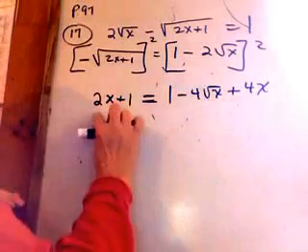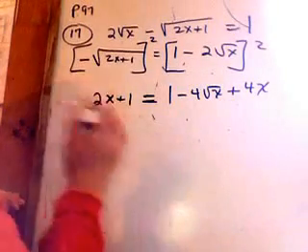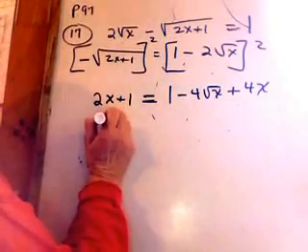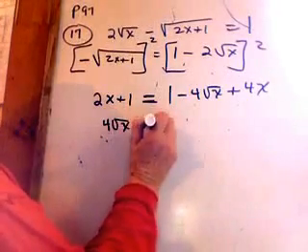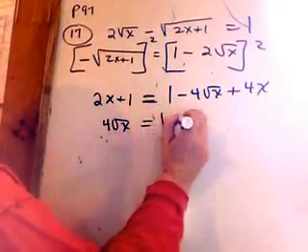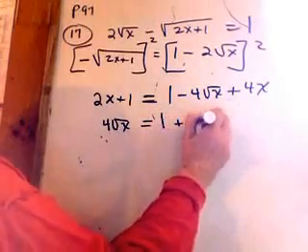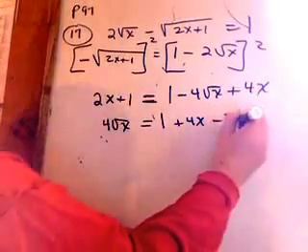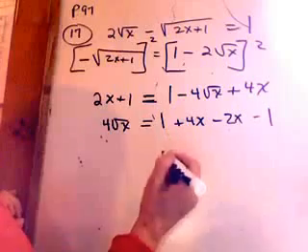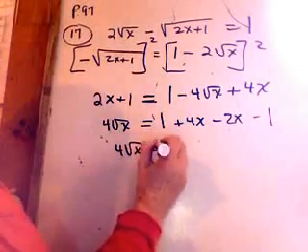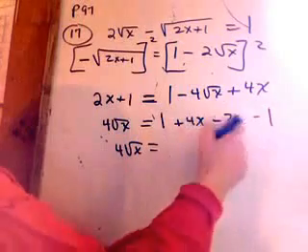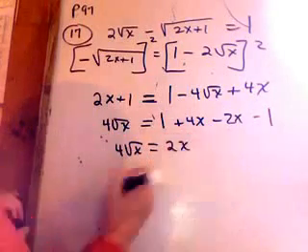Oh, you know what? Maybe I'm going to put the radical over here, because that will make it positive and makes it look less messy. So let's put 4 root x on this side equals 1 plus the 4x minus the 2x minus 1. Simplify that a little bit. So I got 4 root x equals 1 and minus 1 are gone, 4x, 2x.